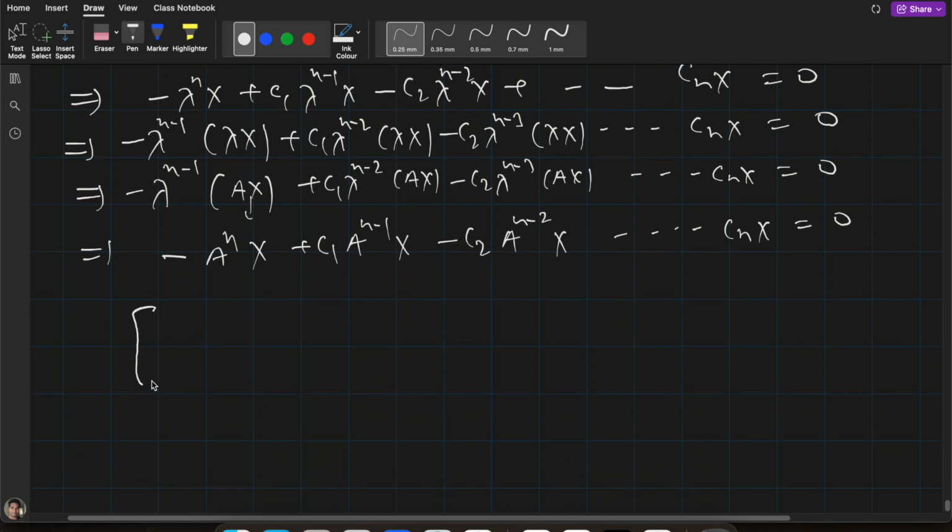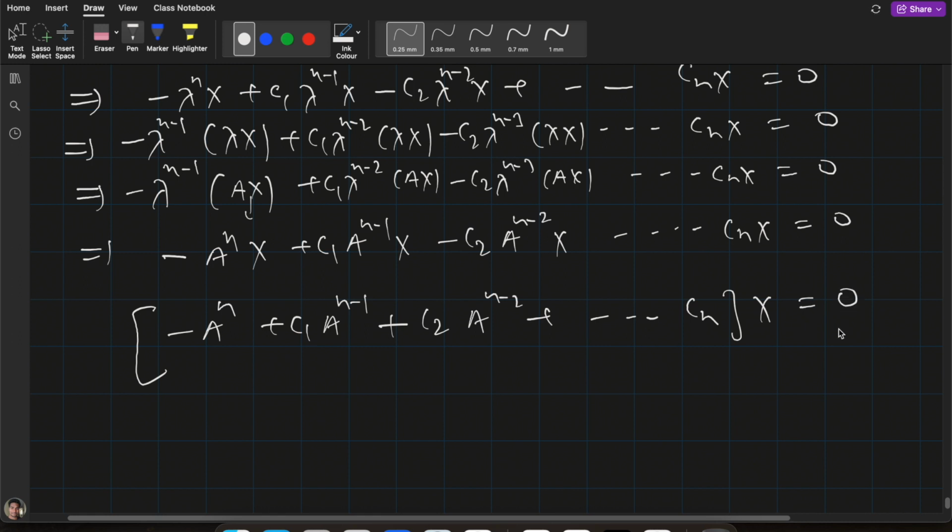So I can write minus A^n plus c1 A^(n-1) plus c2 A^(n-2) plus cn, times x, equal to 0.